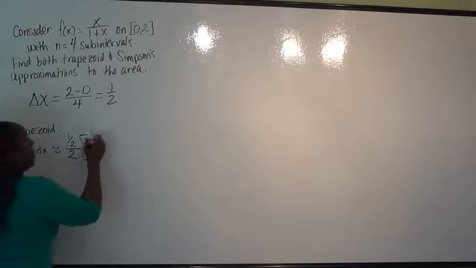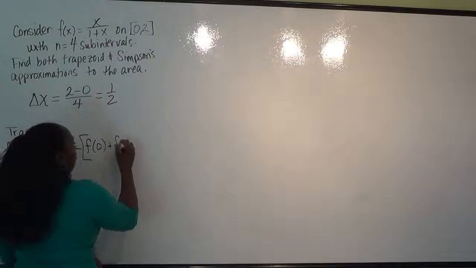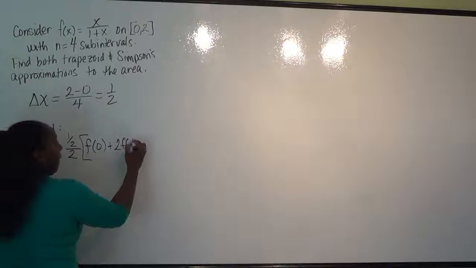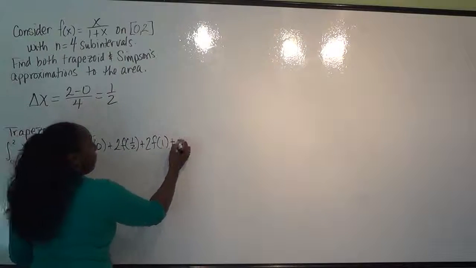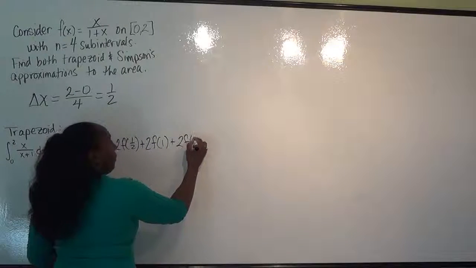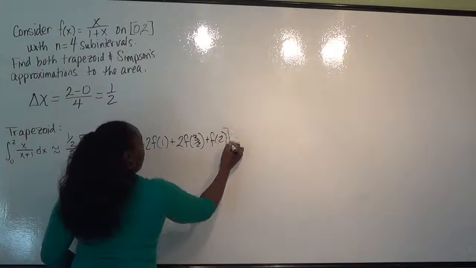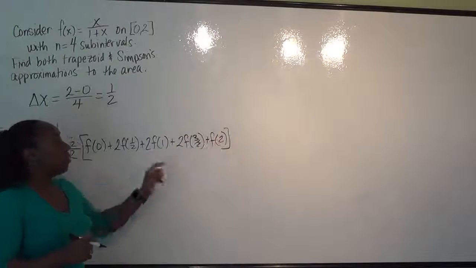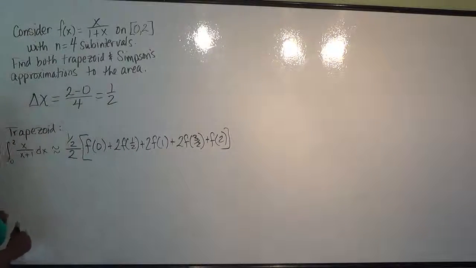So again, starting at the first one, which is 0, plus, in this case, twice f at a half, plus twice f at 1, plus twice f at 3/2, plus our f of 2. Okay, and again you can check, I've got 5 terms, which means there's 4 subintervals.